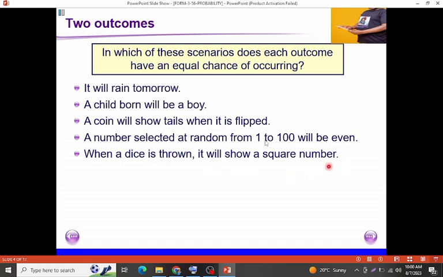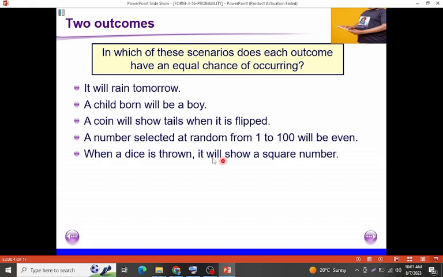Suppose you pick a number from 1 to 100. Is picking an even number the same as picking an odd number? Think about it. Suppose we throw a dice once. This one is with respect to the 10-sided dice. Is the probability of showing a square number the same as showing a non-square number?